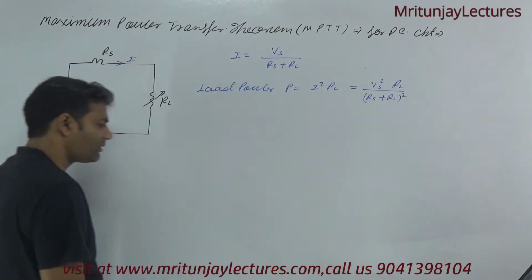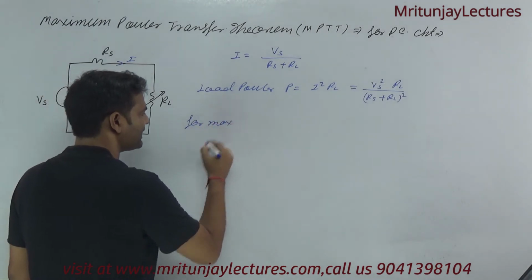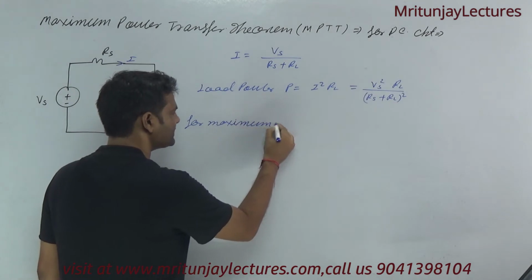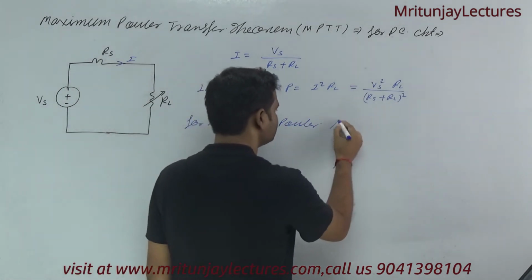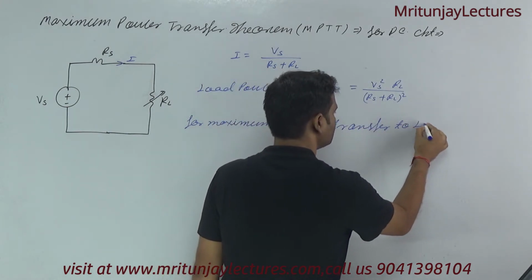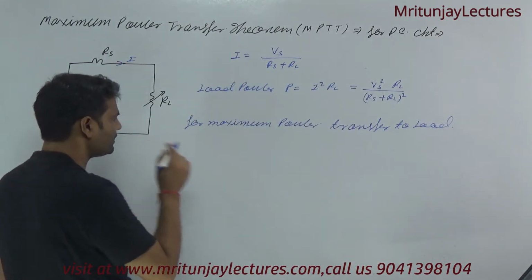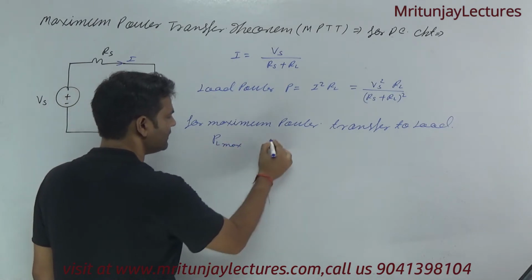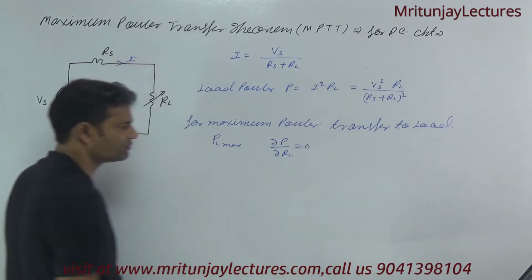Okay, for maximum power transfer to the load, if you determine PL max, then dP by dRL is equal to 0.